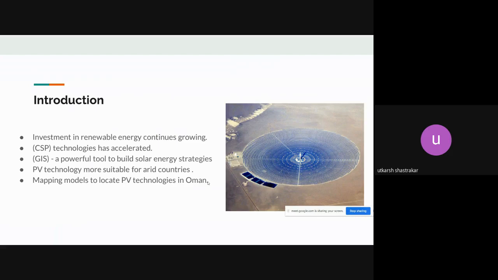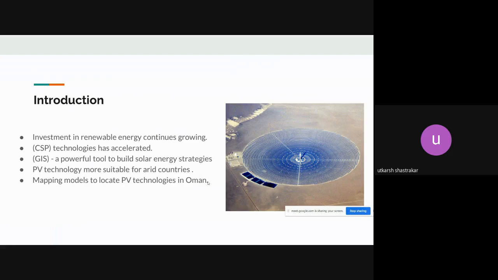It is seen that the tropical countries, which receive solar radiation quite constantly throughout the year, are investing more in solar energy and green energies.